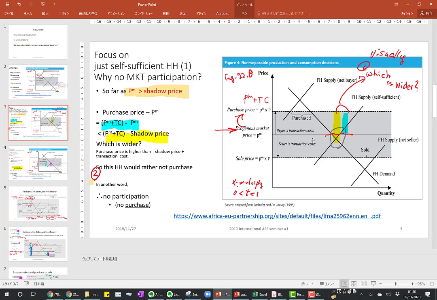And this household has a shadow price, which is determined by the supply curve, or value of marginal products.